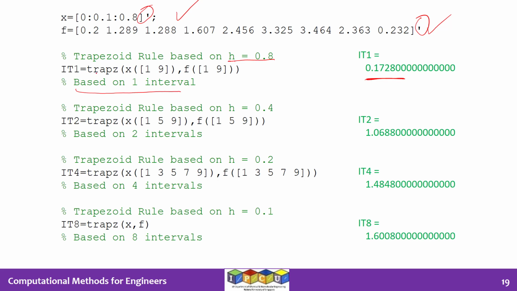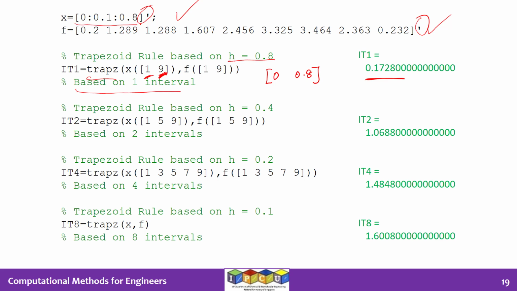The command I use is trapz. I use only the first point and the ninth point. The first point is x equal to 0 and the ninth point is x equal to 0.8. So x, square brackets open, 1 space 9, square brackets closed, ordinary brackets closed, will just give the value. That's what it means. x1 is 0, x9 is 0.8.